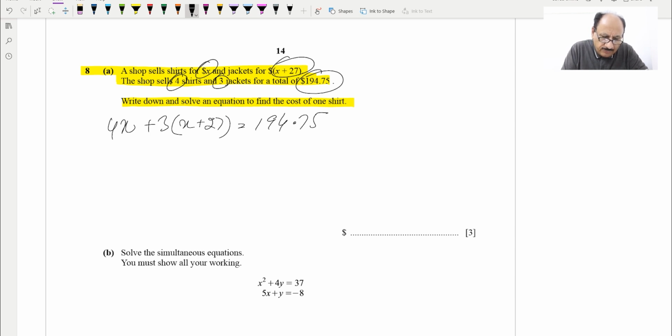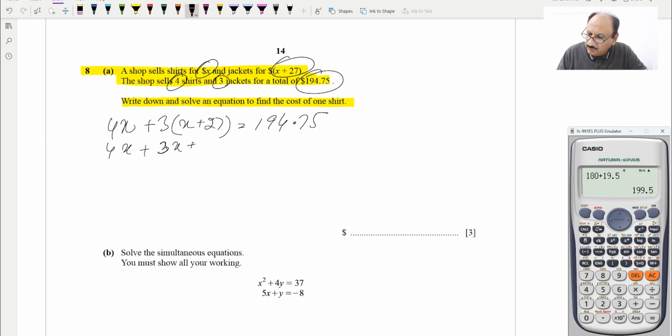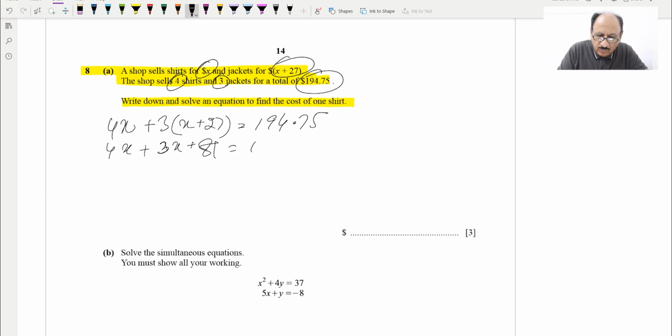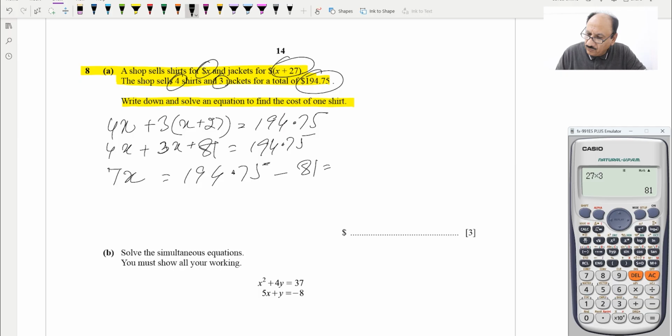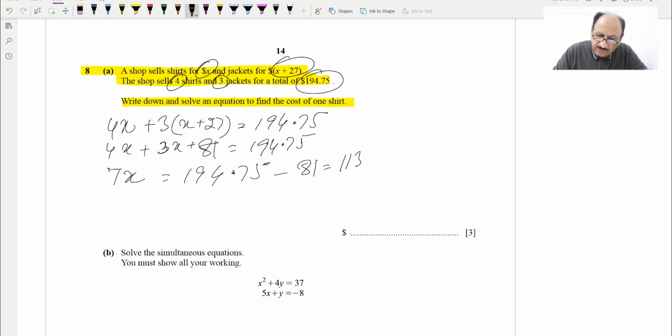Now we need to open the bracket and add the like terms: 4x plus 3x, and plus 27 multiplied by 3 will be 81, is equal to 194.75. Further, 4x plus 3x will be 7x, is equal to 194.75 minus 81, and this is equal to 113.75.